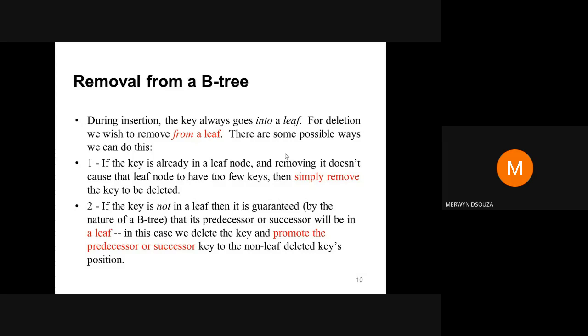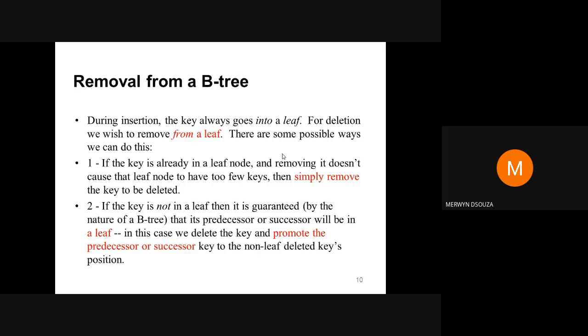There is a formula given to determine the minimum number of keys that each node should have, and that formula is based on the order of the B tree. In the second case, suppose the key to be deleted is not in the leaf node.